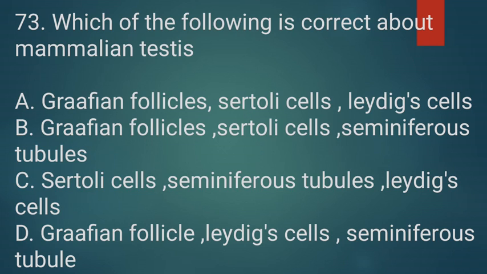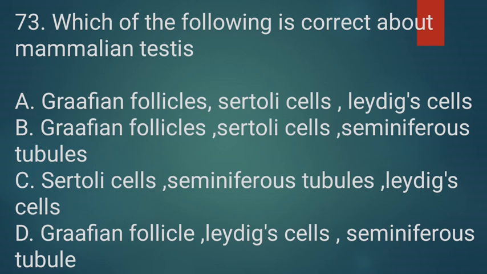Option B, Graafian follicles, Sertoli cells, seminiferous tubules. Option C, Sertoli cells, seminiferous tubules, Leydig cells. Option D, Graafian follicle, Leydig cells, seminiferous tubules.